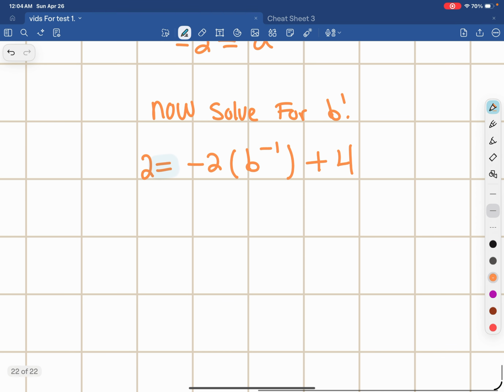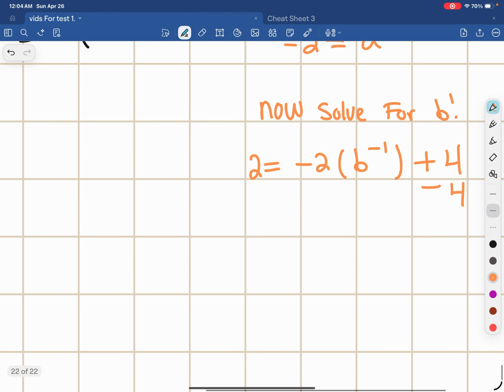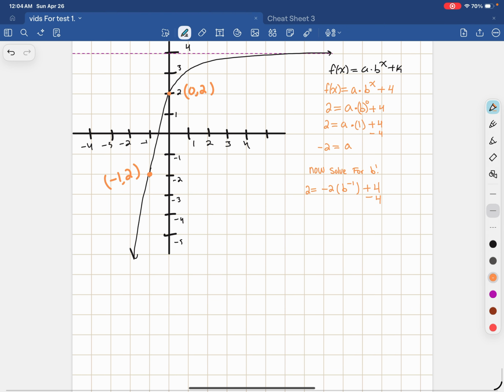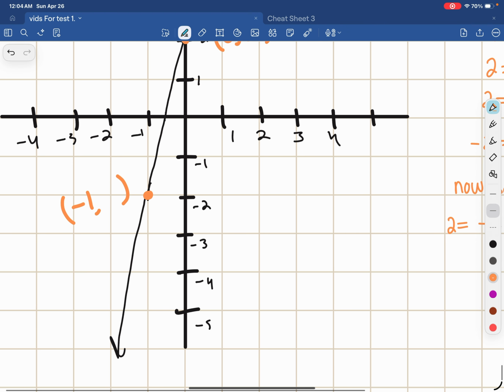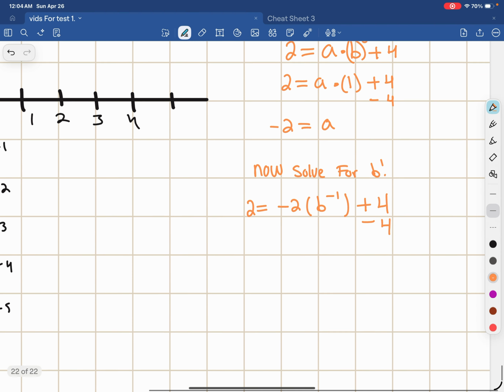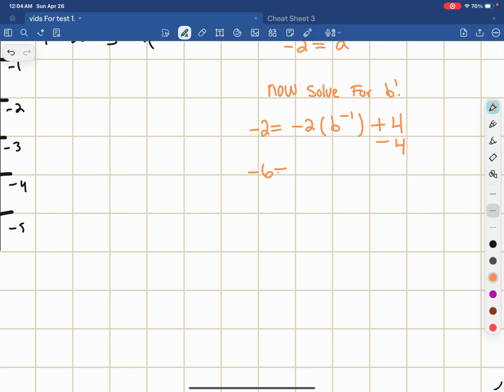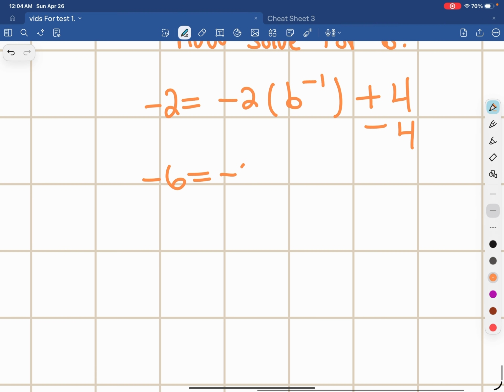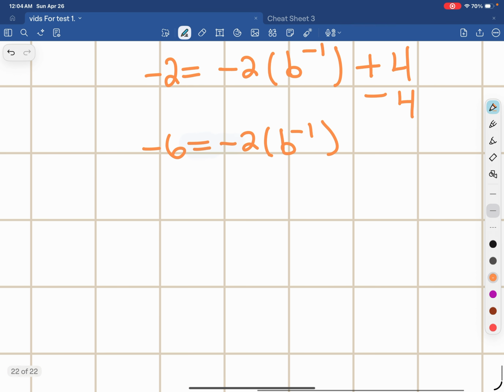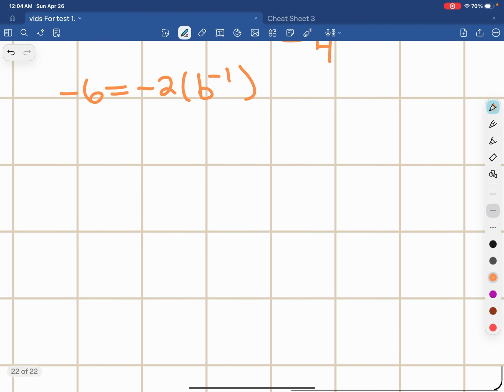Right off the bat, I'm going to subtract 4. I miswrote our value. Very important to check that. That's -2. And we should get -6 is equal to -2 times b to the -1. I remember using a property of a negative exponent, we can write it as this.